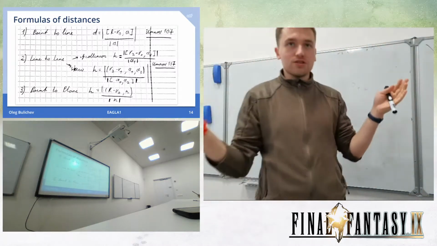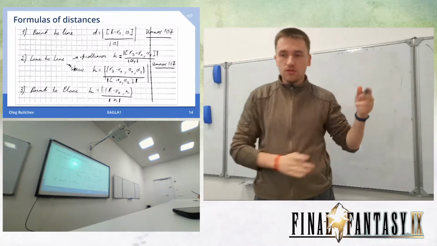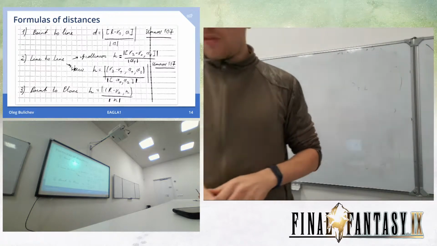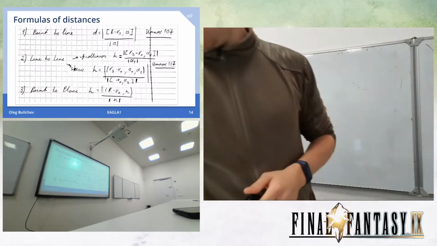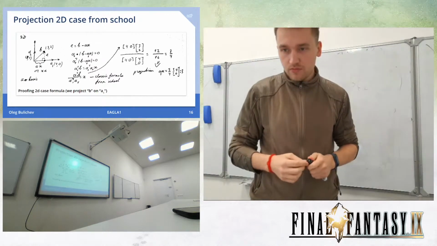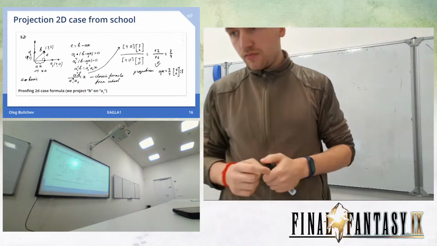Because we have two vectors, we can project one vector on another vector or vice versa. So in this case, what are we projecting on what? Are you sure? A vector from the point to some point on the plane, onto our normal vector.